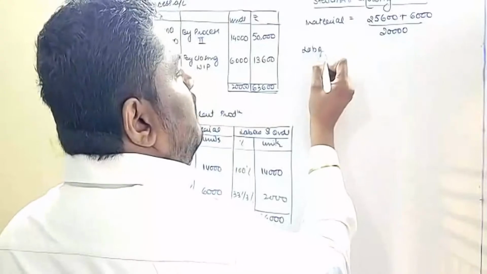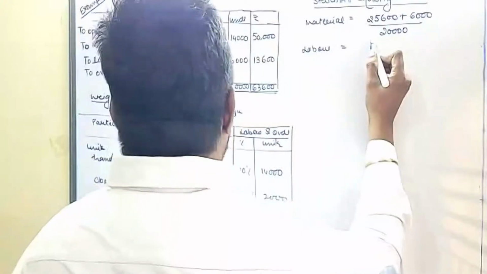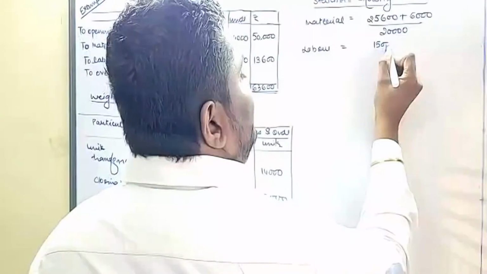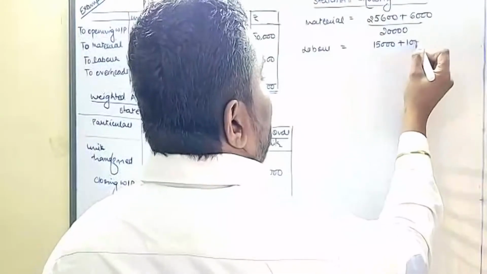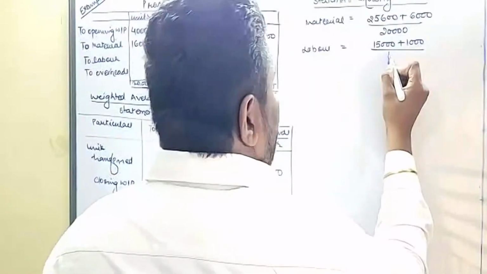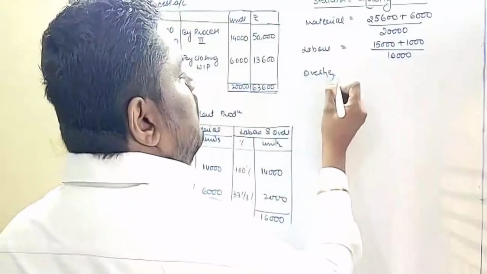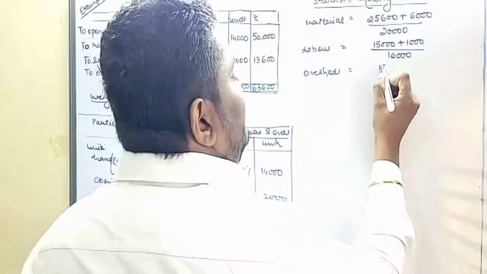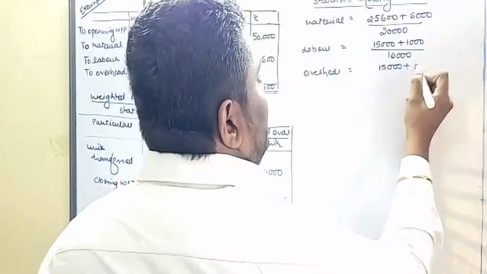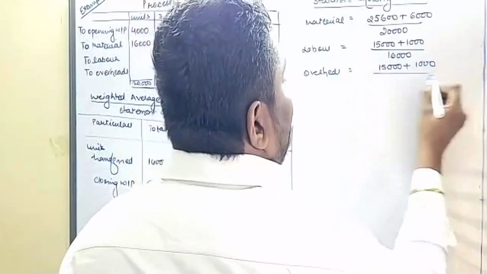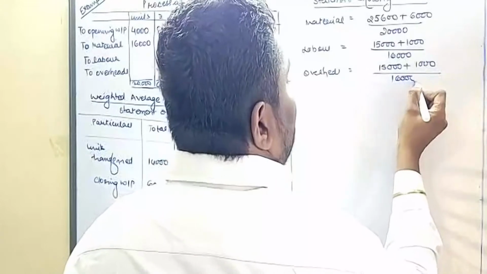Similarly, for labor, the cost that is incurred is 15,000 plus the cost that is incurred previous month, 1,000, divided by 16,000. In case of overheads also, in the same way, 15,000, that is the cost incurred this month, plus the cost incurred previous month, divided by 16,000.